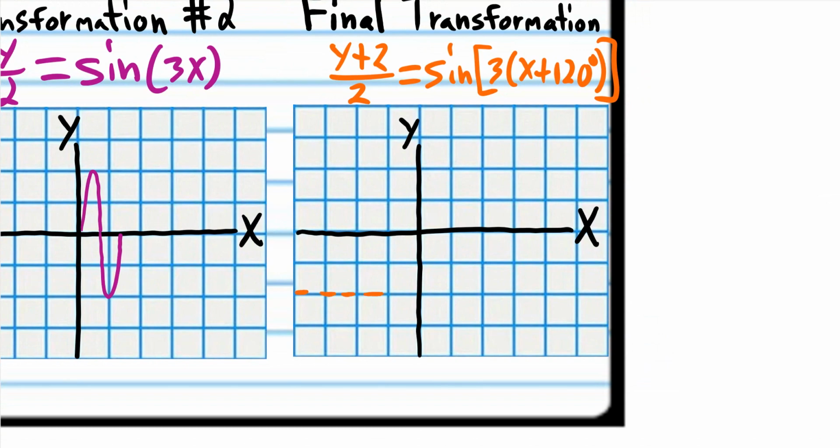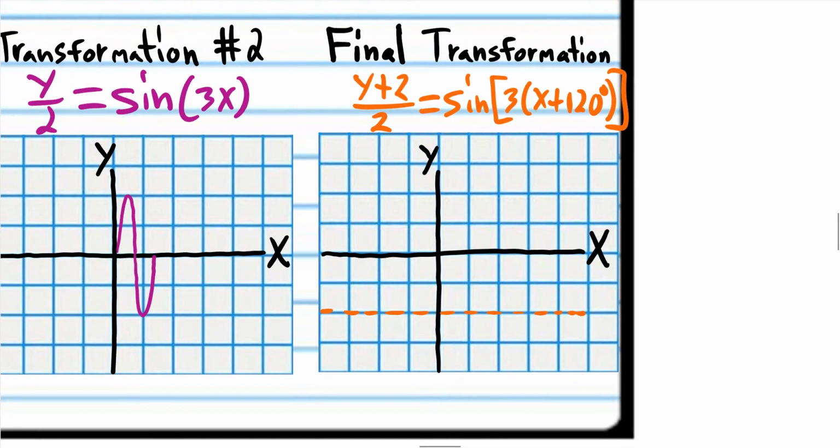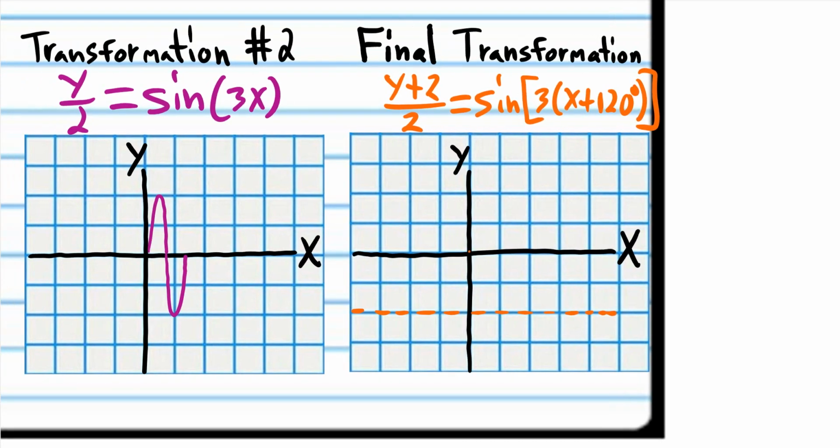So we're going to draw what we call the midline, and we're going to move to the left 120 units. So we're going to start over here, and again we're going to go 30 degrees, then another 30 degrees, then another 30 degrees, and then we get to the origin.